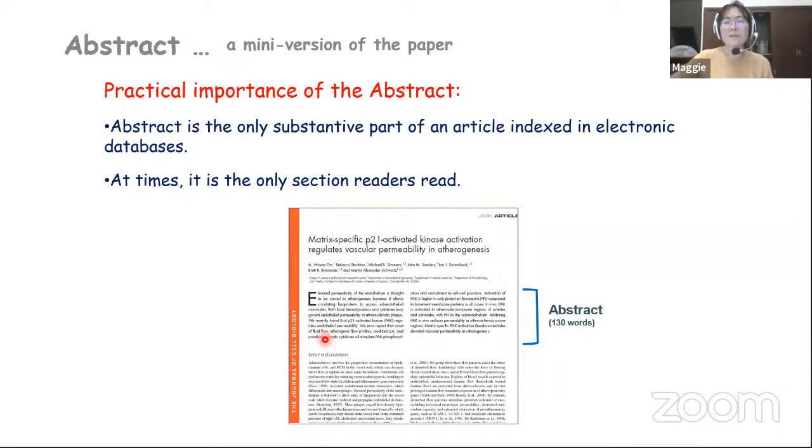So at times, it is the only section readers read. For myself, I will run through a lot of manuscripts, reading only their abstracts. If they are not related to my work, or not interesting enough, I will pass them. So sometimes the abstract is the only section the readers will read.